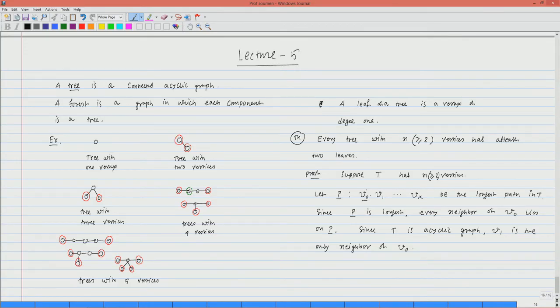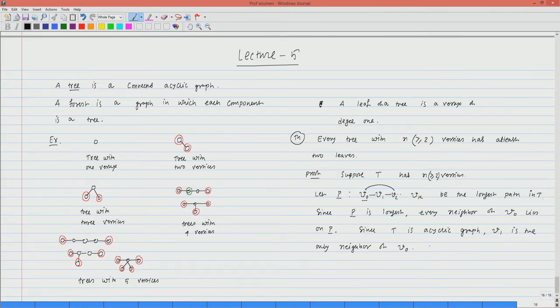Of course, these two are in the path, which means they are adjacent. V naught can't have this other vertex also as a neighbor, because then this would form a cycle, but the graph T is acyclic. So, V 1 is the only neighbor of V naught.